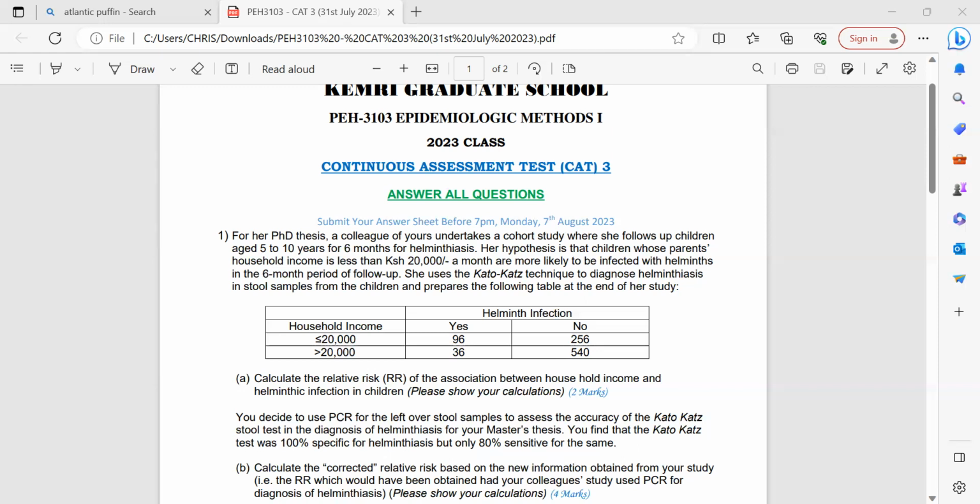So it's 256 plus 96. Yes, the total people who did not have the disease at that time. Then they were followed up. So what was the risk?